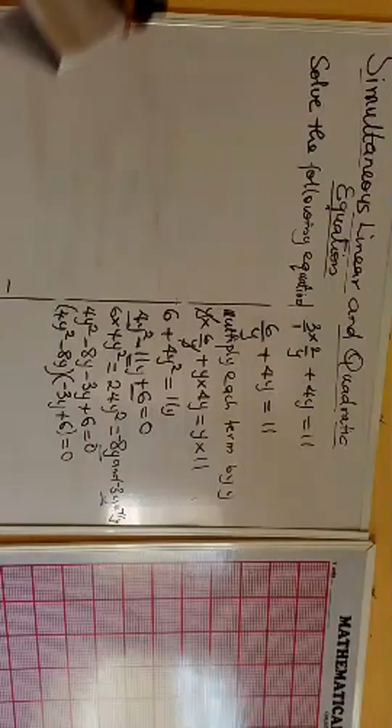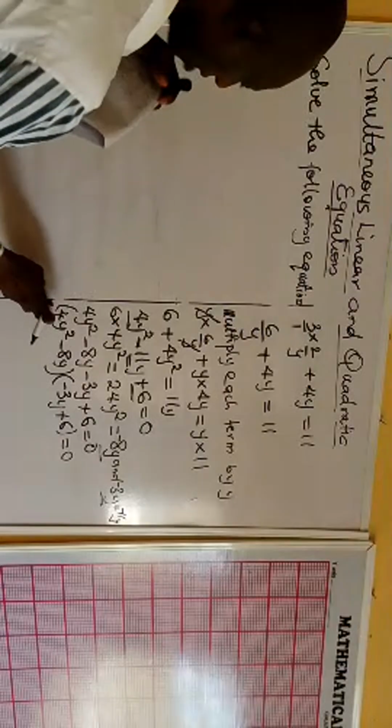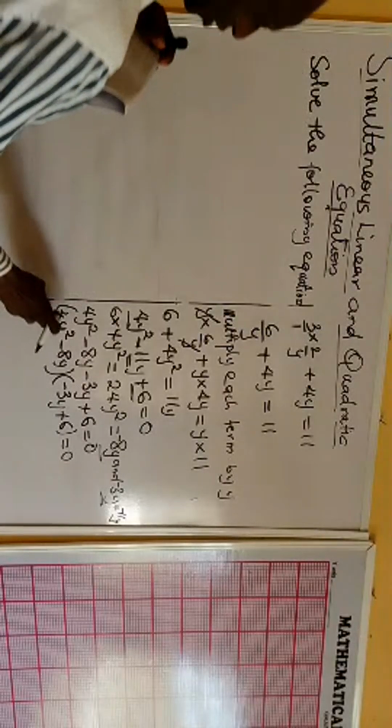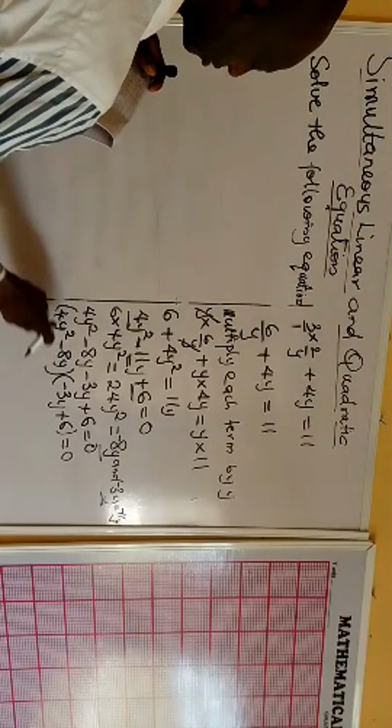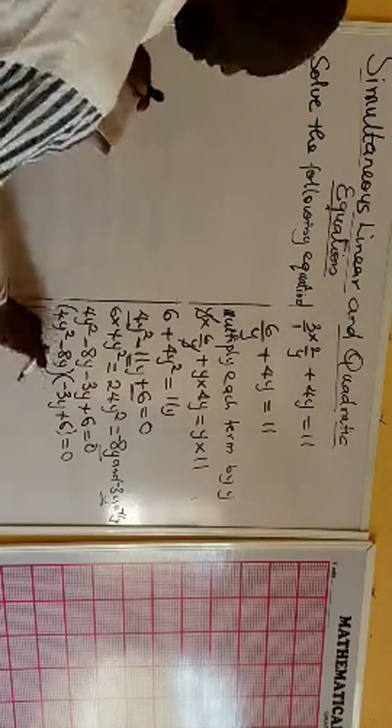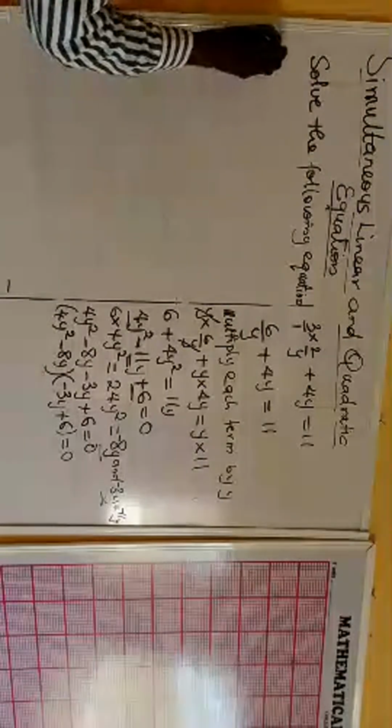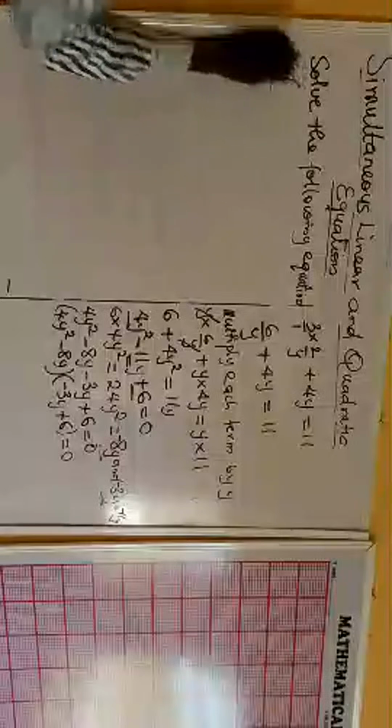Okay, let me come to the other side and factorize it. What is common here? What is common here is called the highest common factor, the HCF, which is 2y.